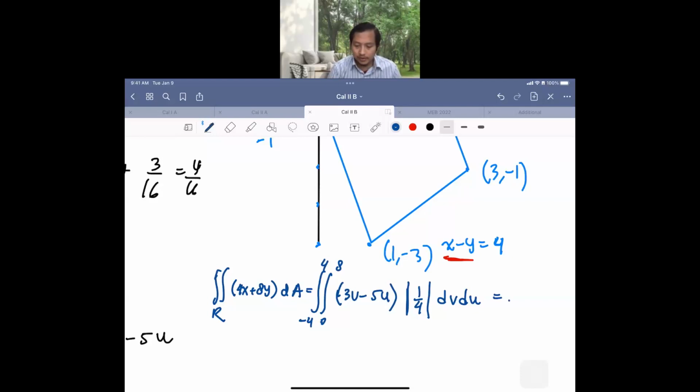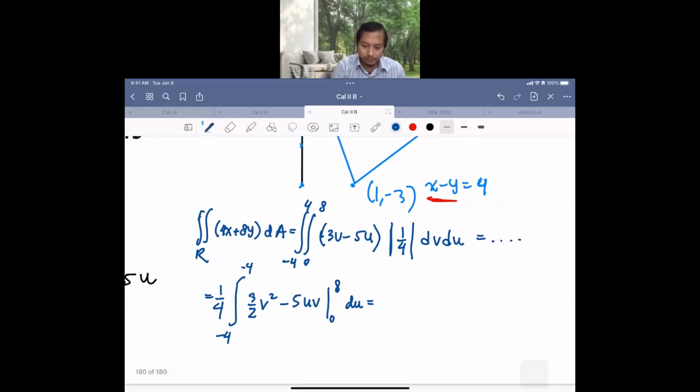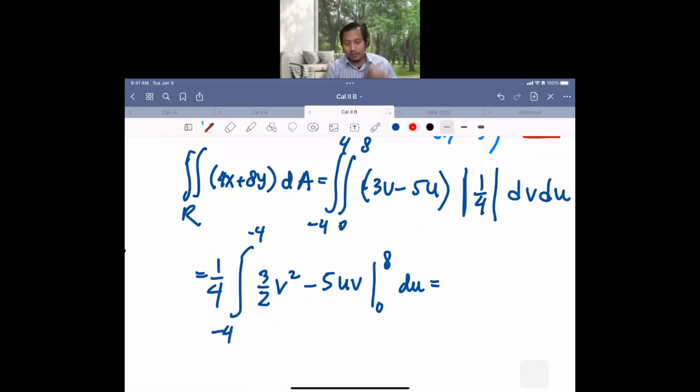And I think you can just follow these equations. This will be 1 over 4 dv. We could get 3 over 2 v squared minus 5uv, taking 0 to 8, and du. It takes time to put 8 inside, 64.